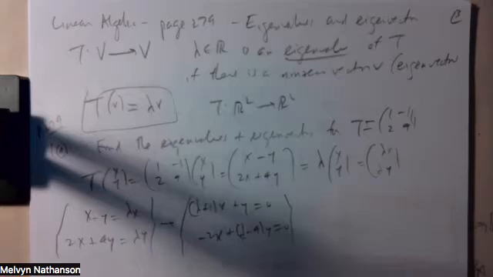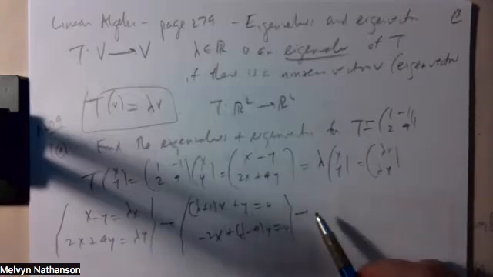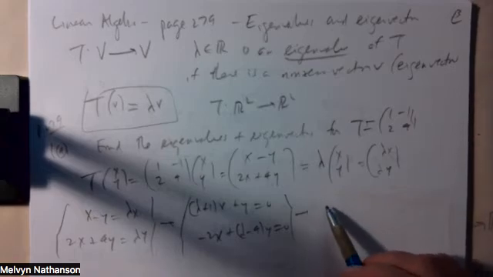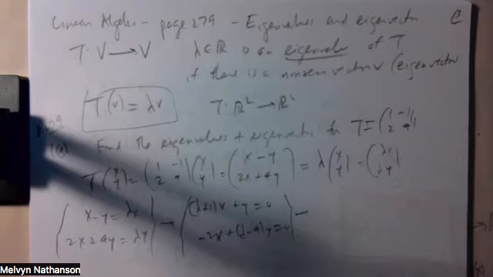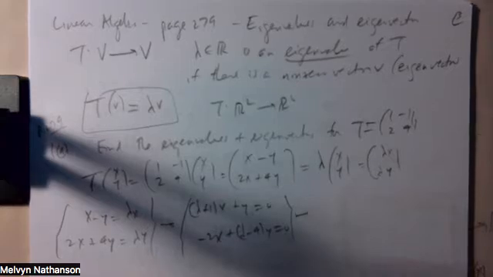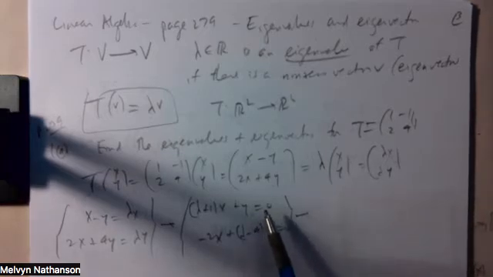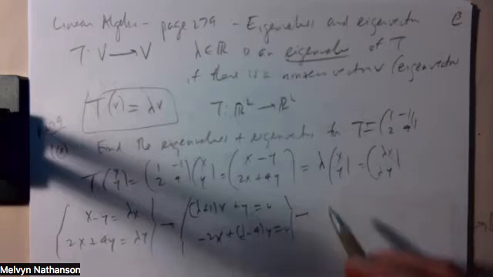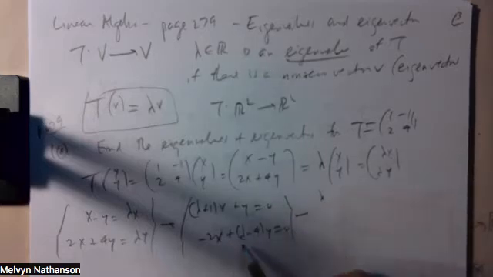Let's see, for what values of lambda can you solve these equations? If we multiply the first equation by lambda minus 4, I just want to eliminate the y.